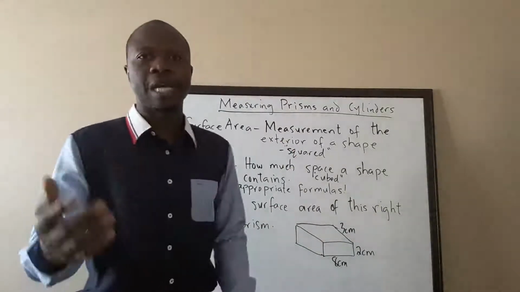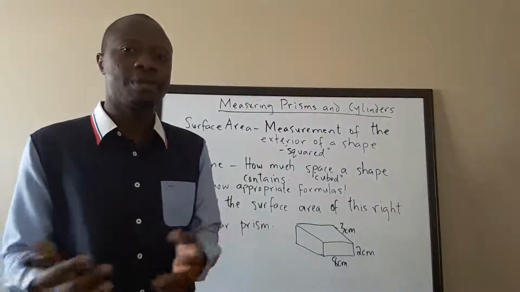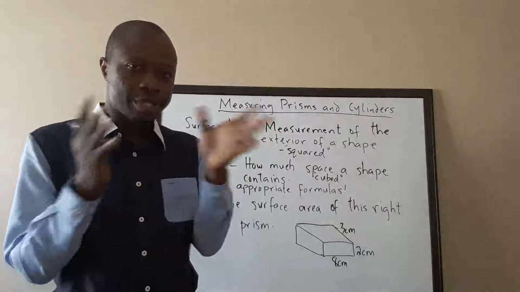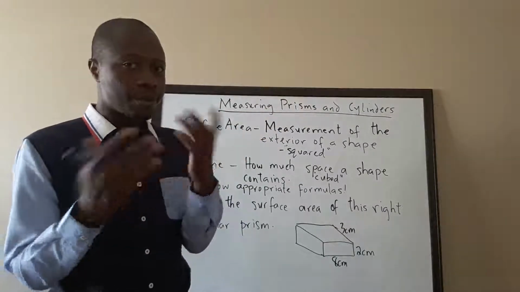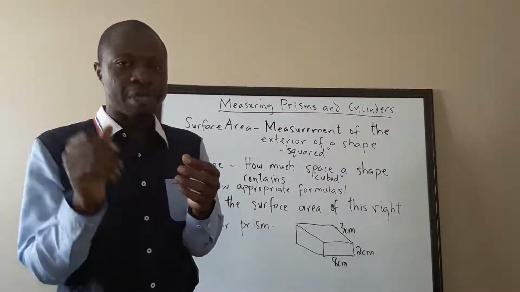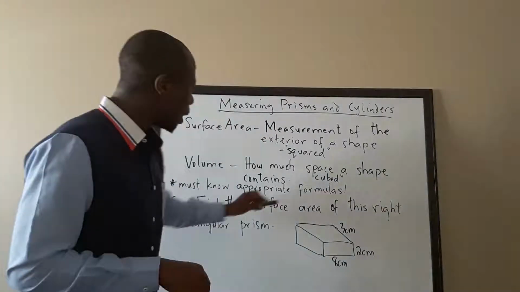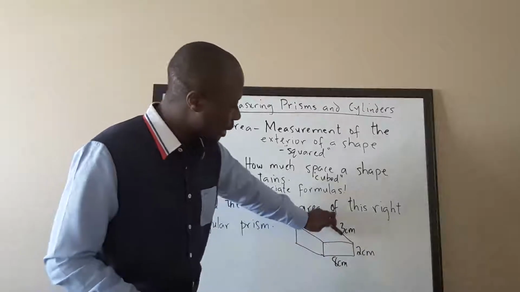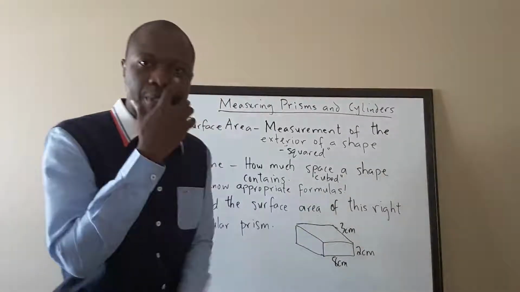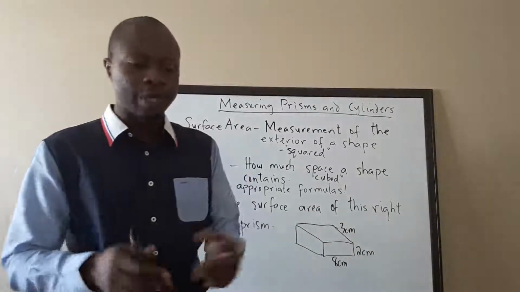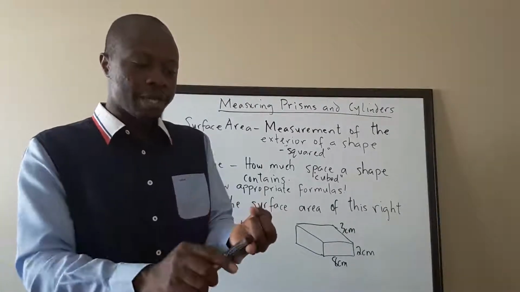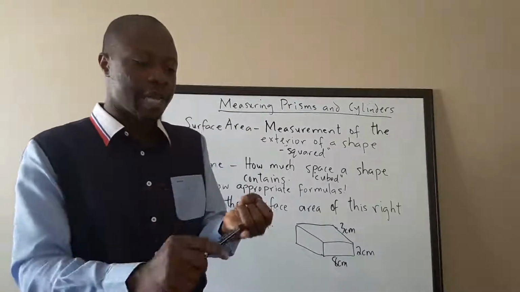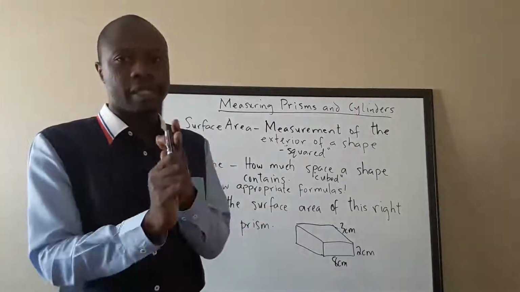For example, if you're looking at a rectangle, the area is length times width. You're dealing with two items, so you're squaring, because square means two. But when you're doing cubed, you're dealing with three different items: length, width, and height.